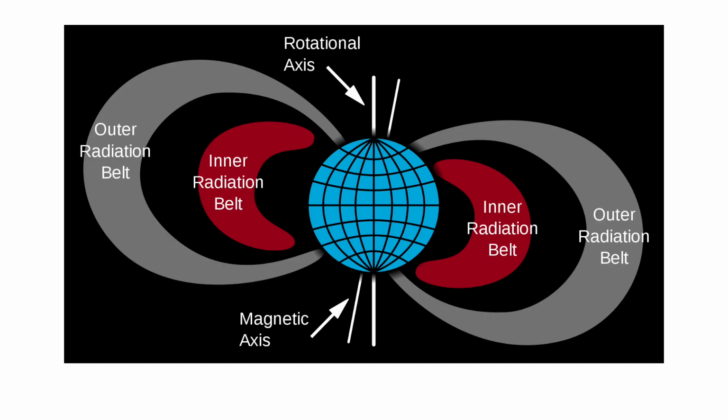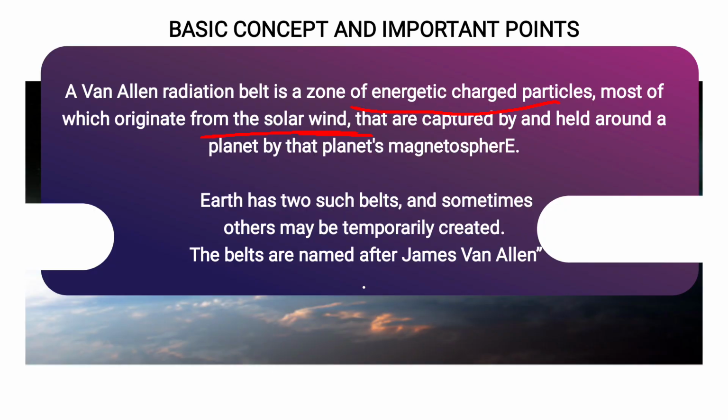That means just because of this magnetic force from a planet, the two radiation belts are created for the earth, and earth has two such belts, and sometimes others may be temporarily created, but the permanent ones are two. And the belts are named after James Van Allen because he was the discoverer of these belts.